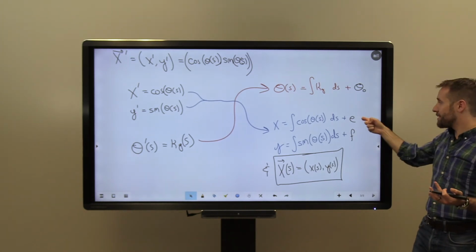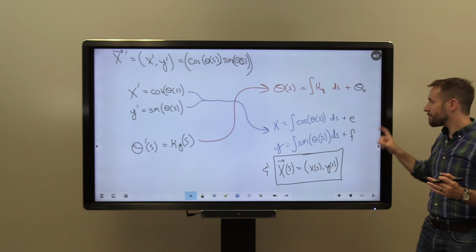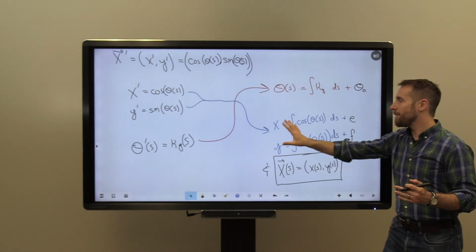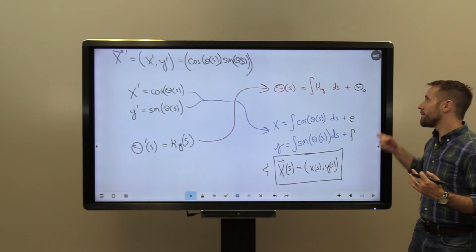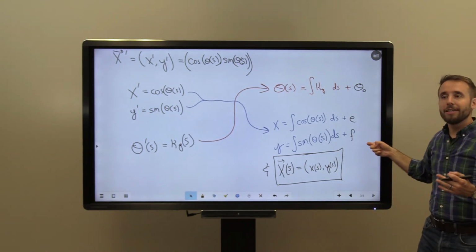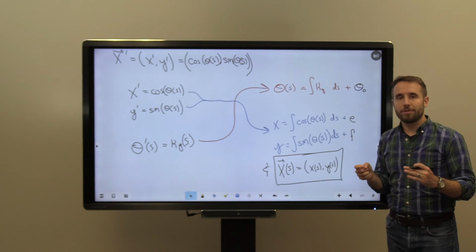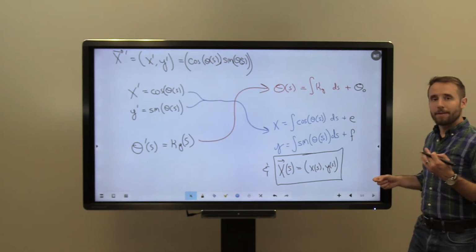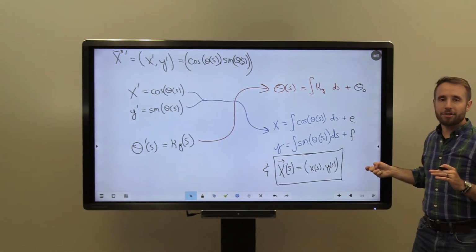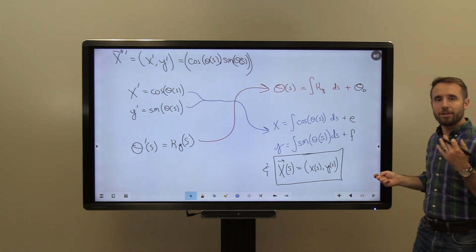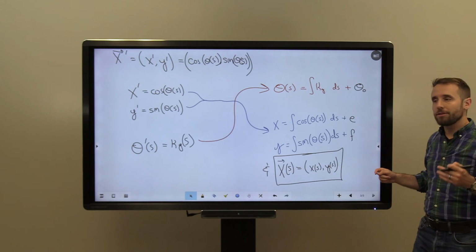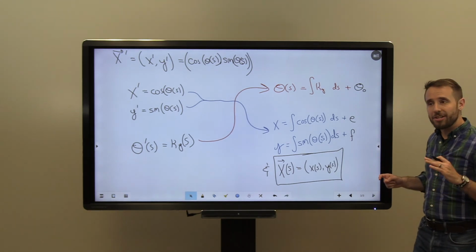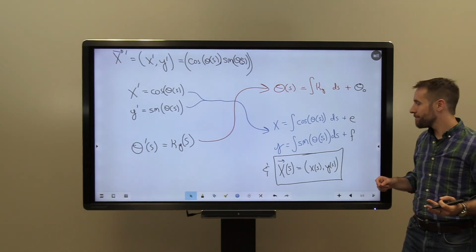And similarly, this plus e and this plus f, these constants will move our starting position in the xy plane. And therefore, these constants taken together give us a translational isometry. So these three constants are actually crucial to the uniqueness up to isometry, and specifically, they help us determine whether or not there is a rotation or a translation occurring.